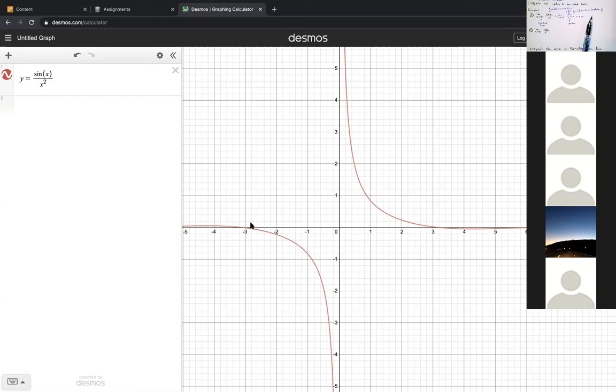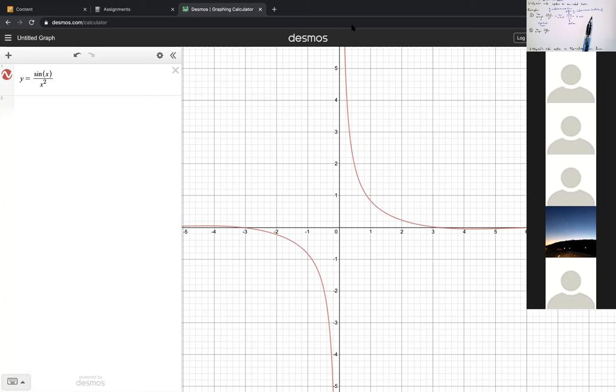So while we're here looking at the graph, you should also pay attention to what happens on the left-hand side. So if we come from the negative side, it looks like we're going to get a negative infinity since this is going straight down to negative infinity.